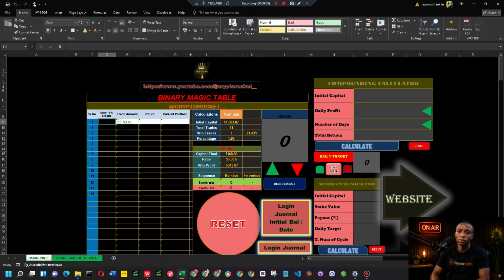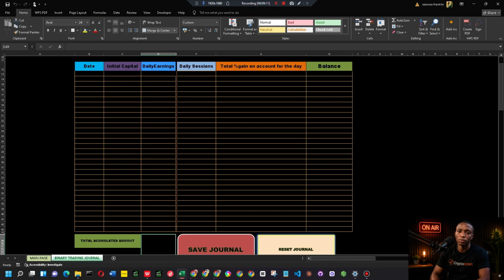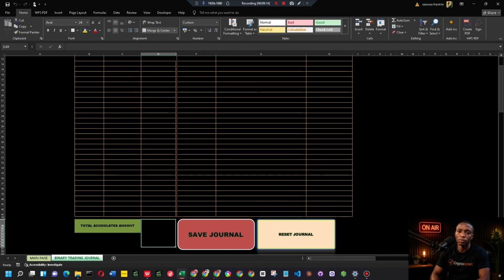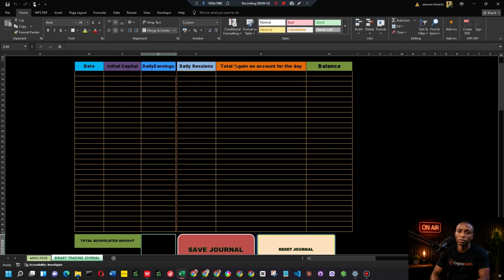So you have a login journal which will take you to this particular tab, which we will come back to later. It will show you everything you need to know about the login journal. It will include date, initial capital, daily earning, daily sessions, and total gain on the account of the day, then the total balance.